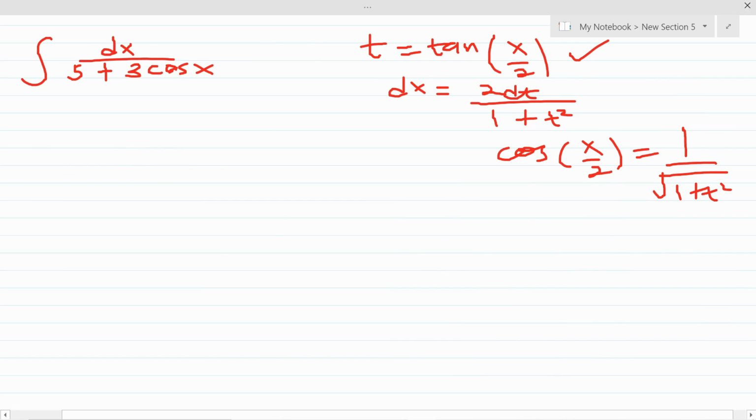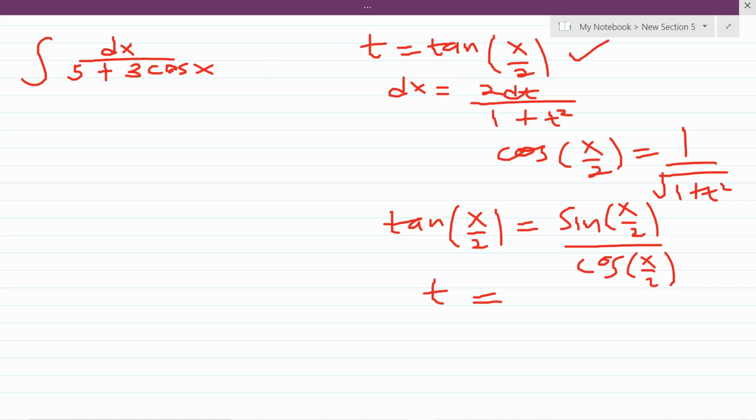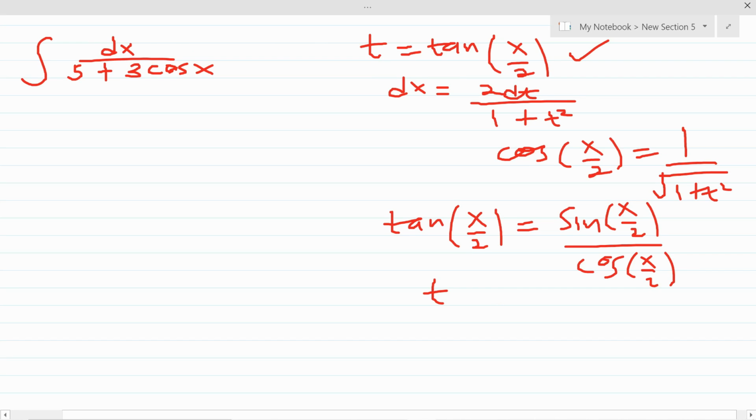Now we know that tan of x over 2 is equal to sine of x over 2 over cos of x over 2. This means that tan of x over 2, which is t, equals sine of x over 2 times 1 over cos of x over 2.